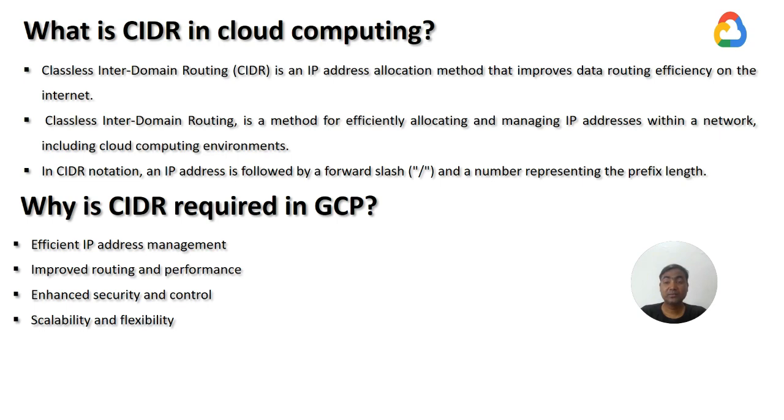Now I'll guide you on why CIDR is required in Google Cloud Platform. As you can see here, efficient IP address management improves routing and performance. CIDR acts like a labeling system, allowing you to divide your network into subnets, each with its clearly defined range of IP addresses.